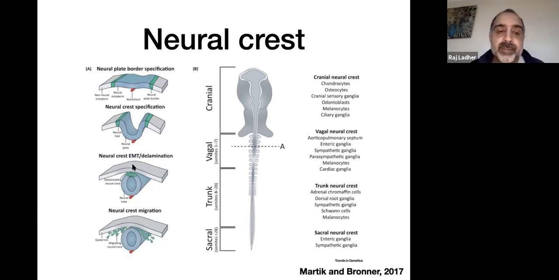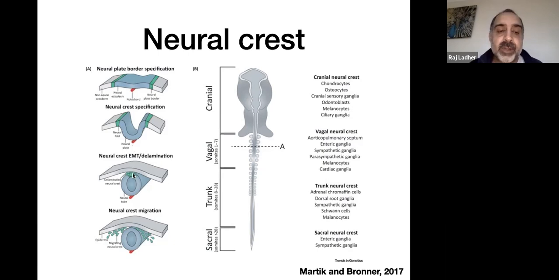So this border actually has two properties. It will give rise to both the neural crest and to sensory cranial placodes as well. The part of the border that's closest to the neural ectoderm will give rise to neural crest. So neural crest is specified as the neural tube is forming.